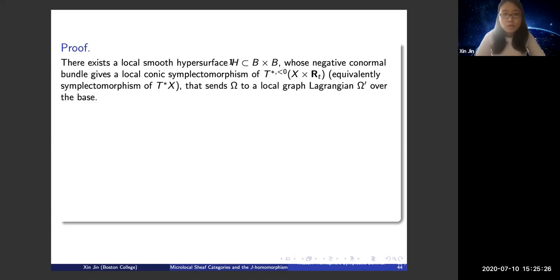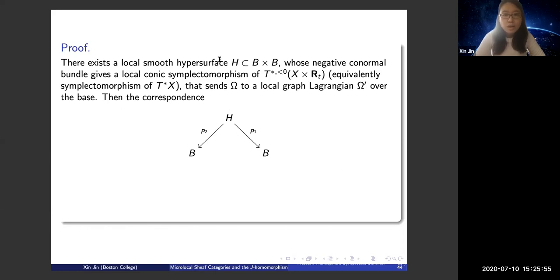And then it's also special in the sense that it sends omega to a local graph Lagrangian omega prime over the base. So your omega originally might have some tangency with the cotangent fiber, but after this transformation, you should see a Lagrangian in generic position that is submersive to the base X.